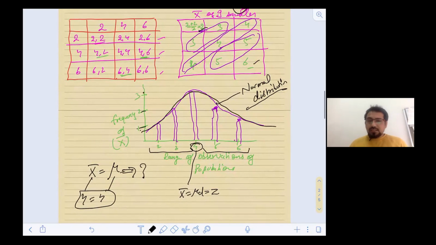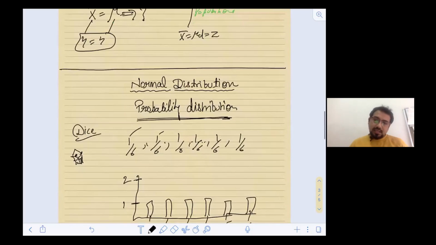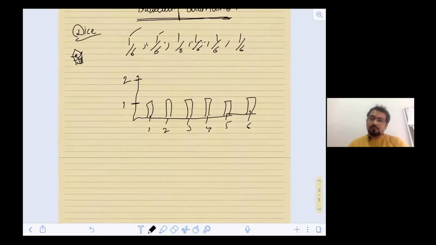That is the same, but when it comes to probability distribution, there could be several types of distribution. Imagine that the face with one dot had a probability to appear twice, then how would the distribution be? It would be like this.